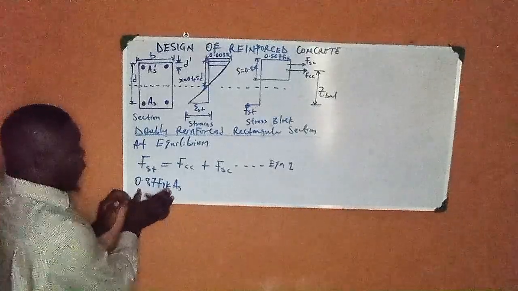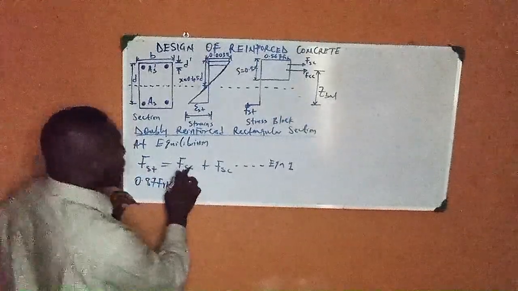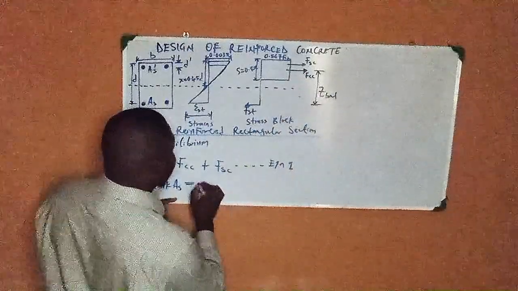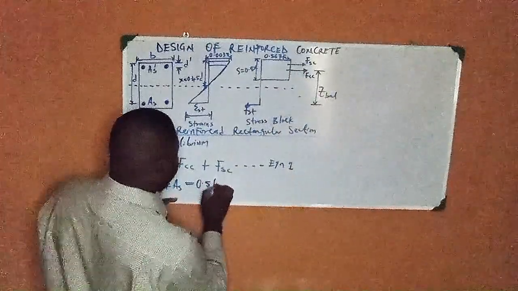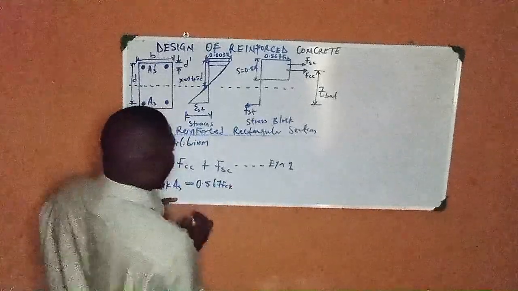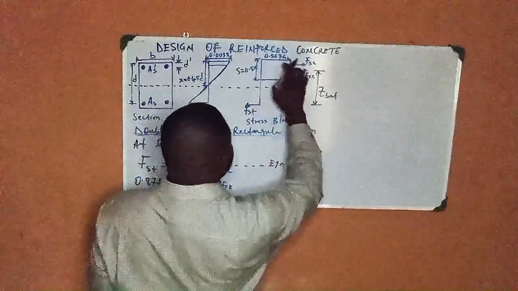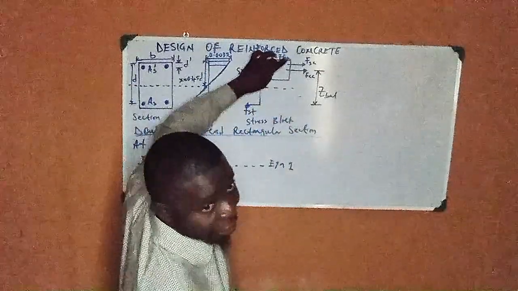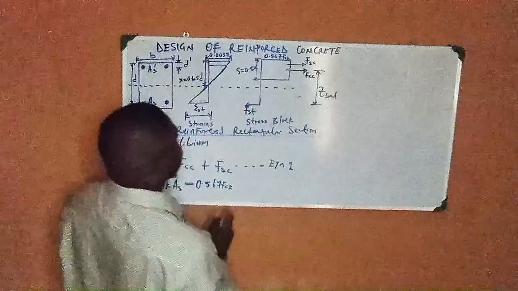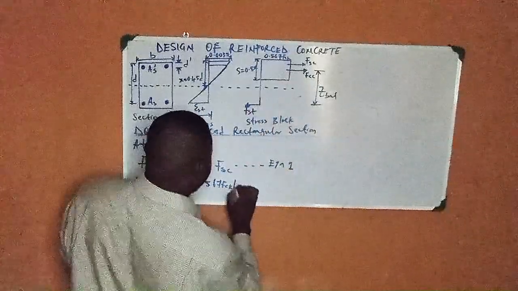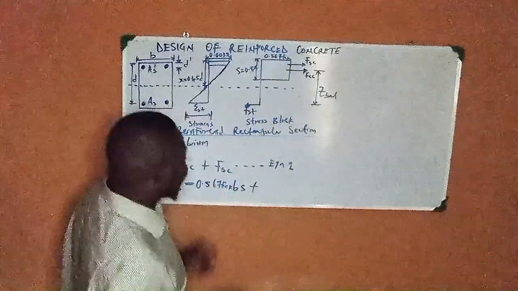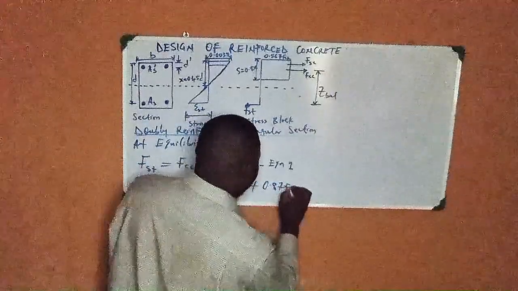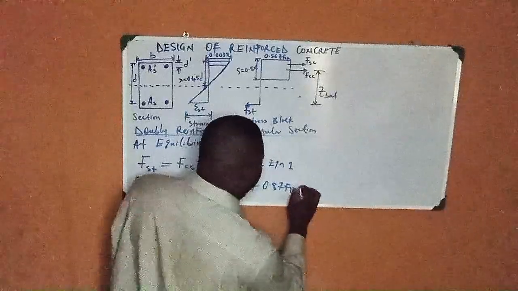That becomes the force of steel, which is equal to your Fcc, which is stress times area, 0.567 fck multiplied by the area, your b, the breadth, and s, the depth of the stress block in the compression zone, that is b times s, plus your Fsc, which becomes the stress 0.87 fyk multiplied by As prime.